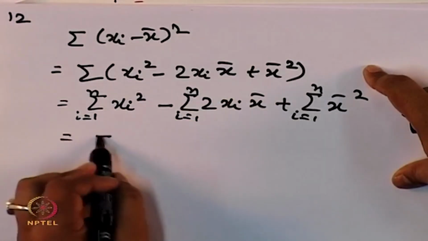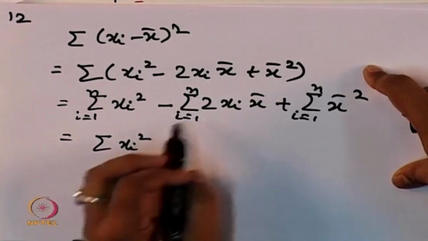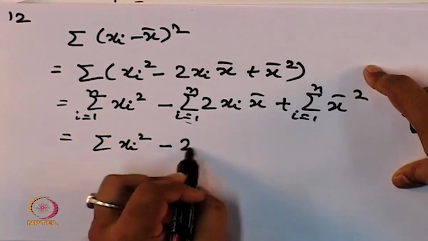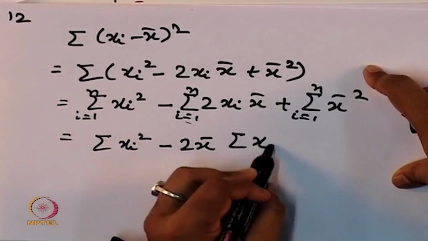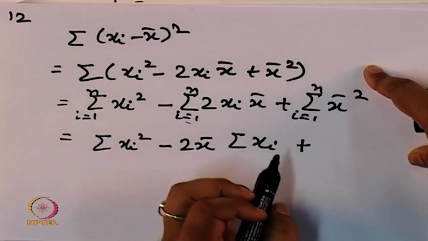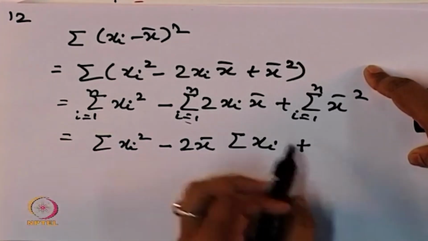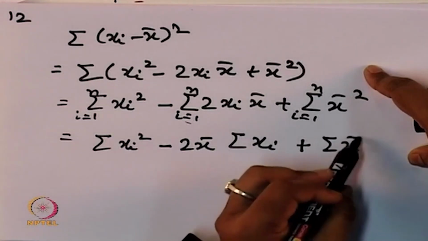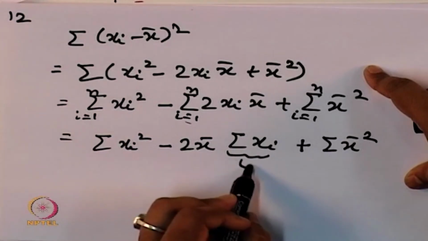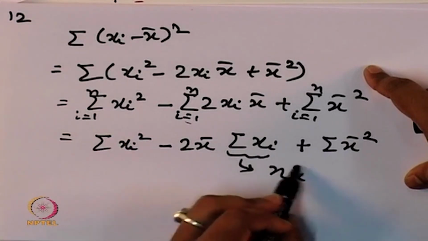So the first term remains summation xi square, but in this particular term, since x bar is the mean, I can take out 2 x bar times summation xi, plus summation x bar square. Summation xi is nothing but n times x bar.